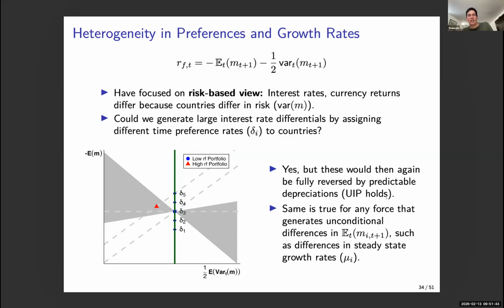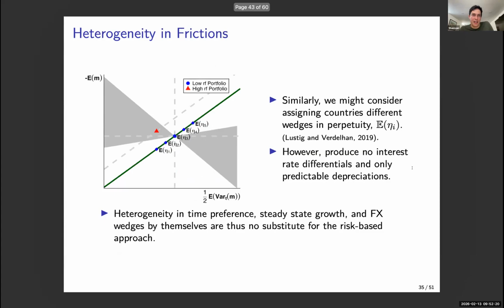Well, because if the steady state growth rate in New Zealand is higher than in the US, then at some point the entire world is New Zealand and the US goes to zero. Maybe we can get around that. But the point is, by having heterogeneity in growth rates, you're going to get, again, interest rate differentials that don't result in return differentials because they induce predictable depreciations. Okay, so it's not so easy.